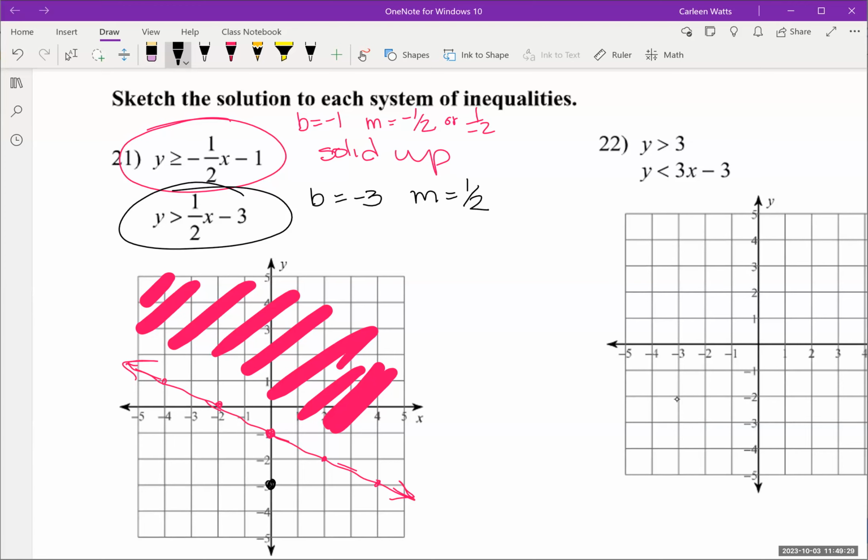Y-intercept of -3, up 1/2. Dashed. Down 1, back 2. And up.